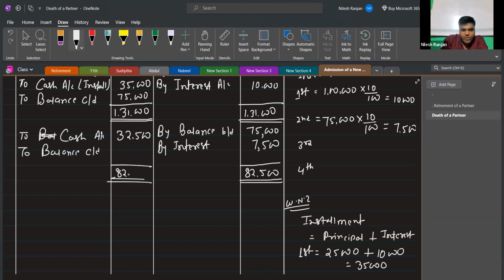It is 82,500 minus 32,500 is 50,000. By balance BD 50,000.